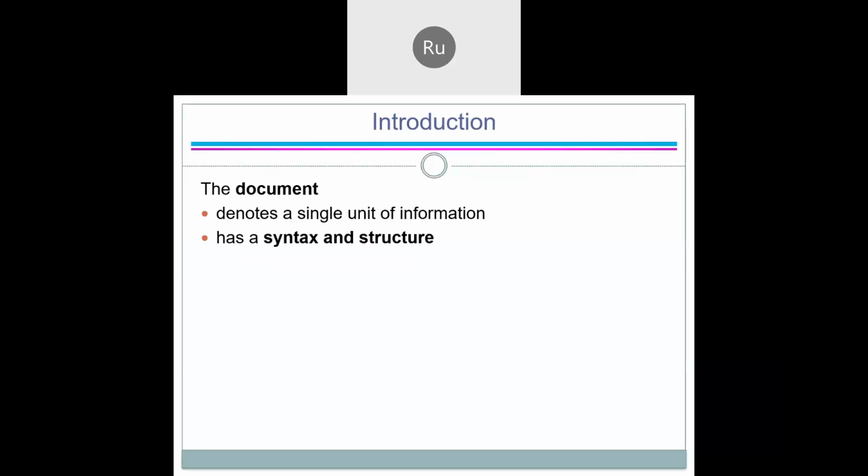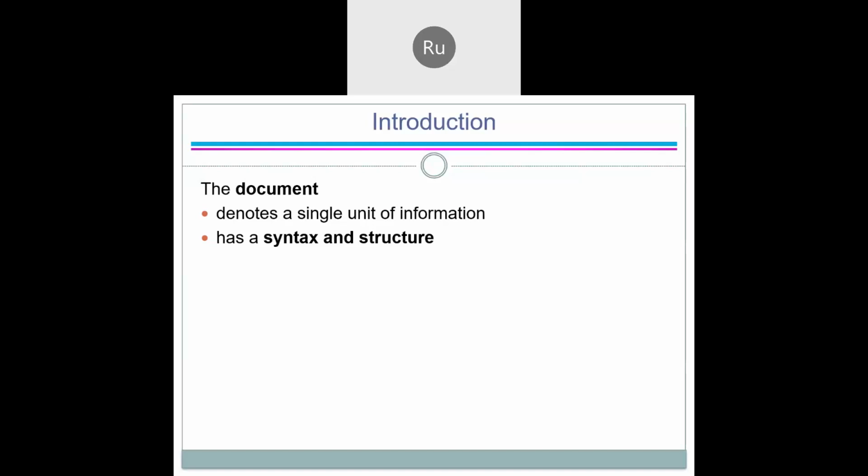So the document is considered as a single unit of information. Of course, they have syntax and semantics. Structure refers to the format of your document. So for example, textbooks and journals have different formats and different content.